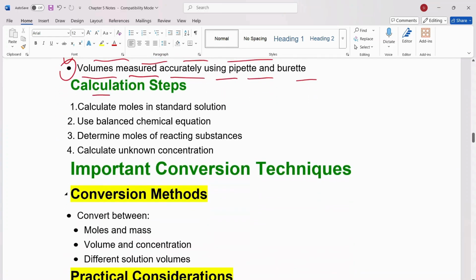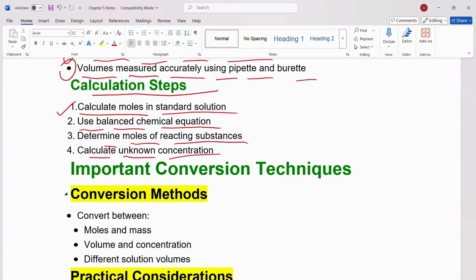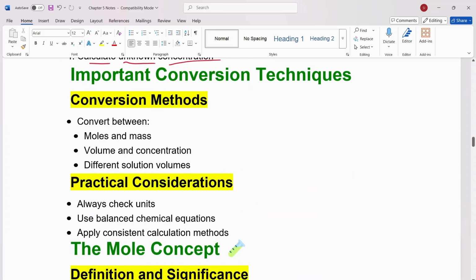Now, in the calculation step, first you have to calculate moles in a standard solution. Then you have to use balanced chemical equation to determine moles of reacting substances so that you can calculate unknown concentrations. Some important conversion techniques. Conversion methods.